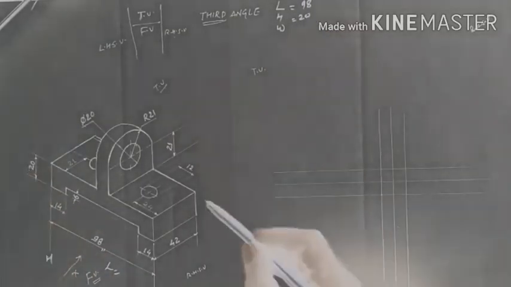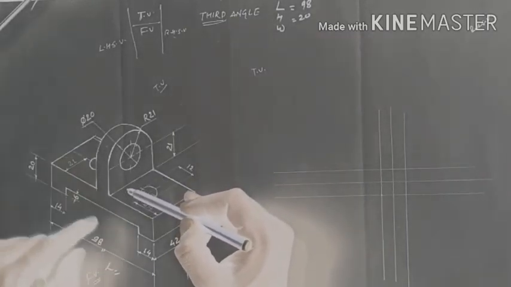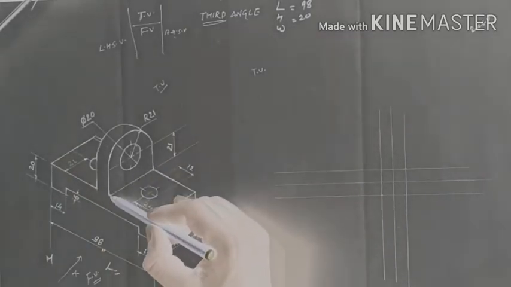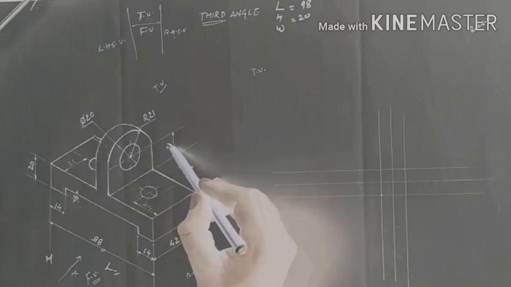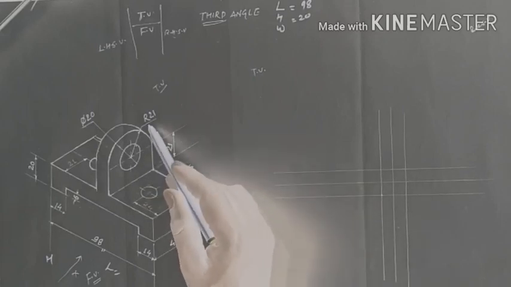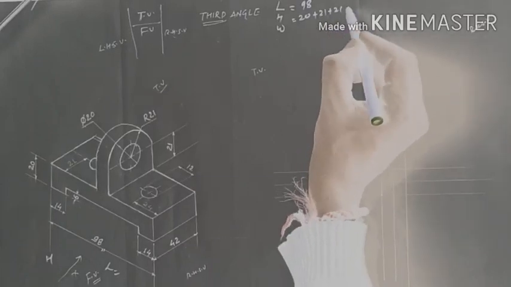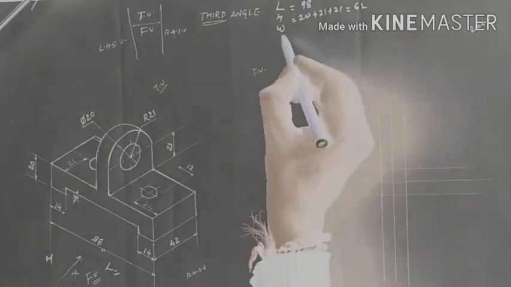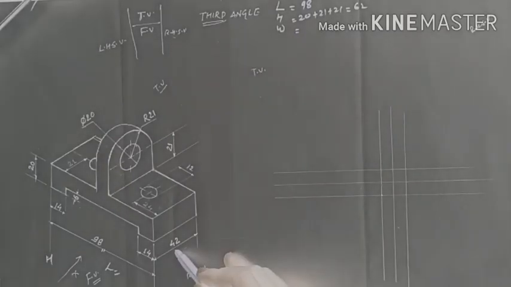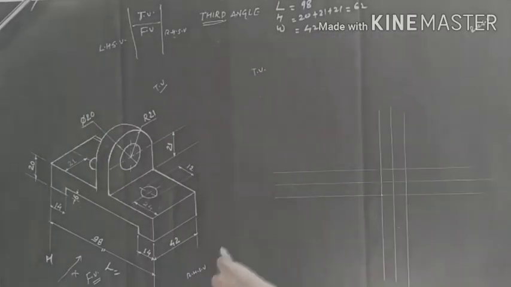From here we have two more heights: the center is 21, with an outside circle of radius 21. So 20 plus 21 plus 21 is 62. Now what is the width? You clearly see that 42 is the width of this object.